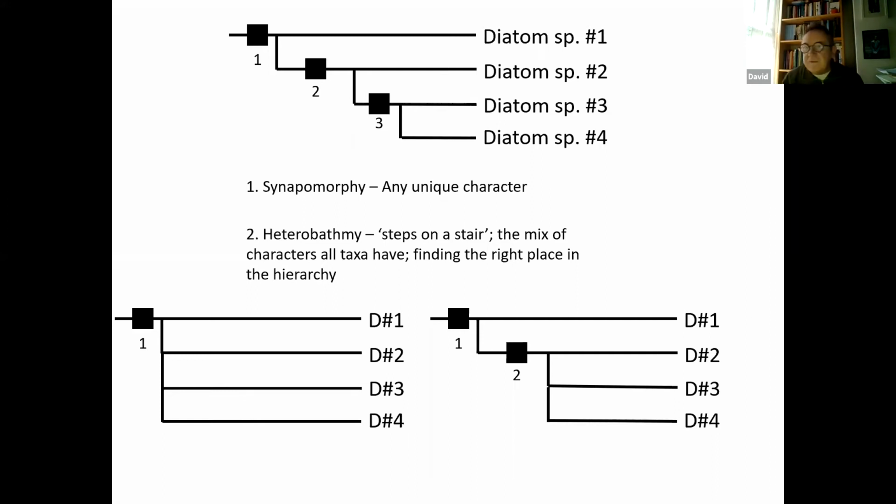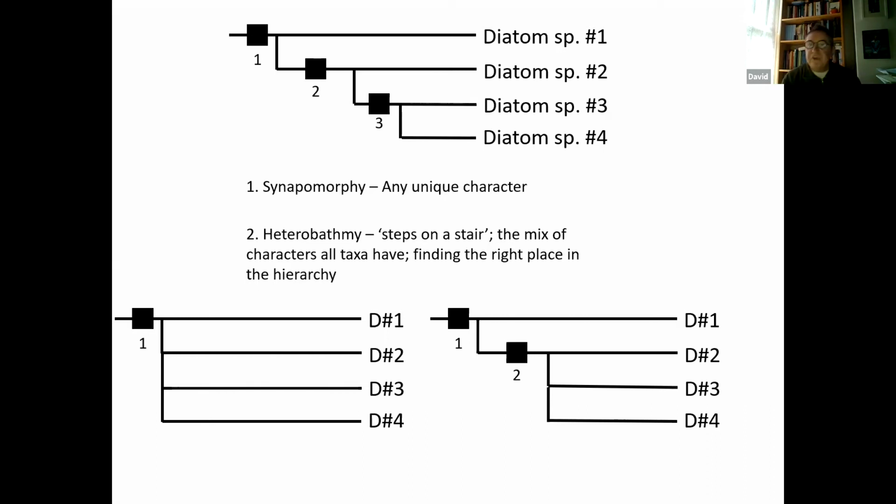There's only 2 things that I've learned during my time of trying to understand how the process of classification works, and they're both horribly cumbersome words. The first here is synapomorphy. To me, that represents any unique character that tells you that 2 things might be related. It's not hard and fast, it's a proposal, it's something that might tell you, or something that does tell you that species are definable, that they're related, and that you can characterize them.